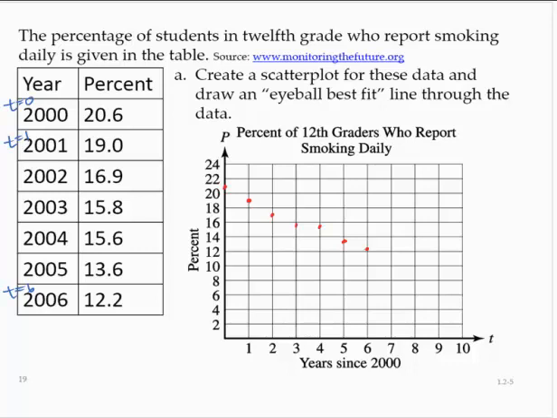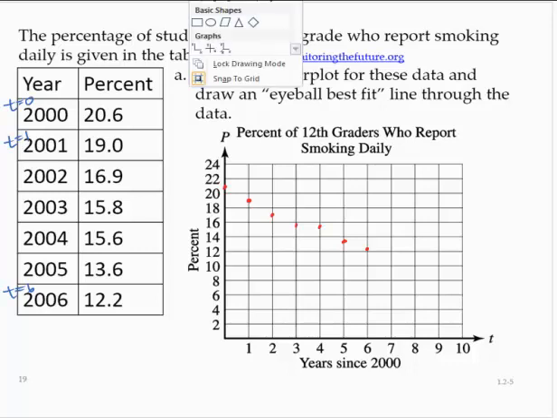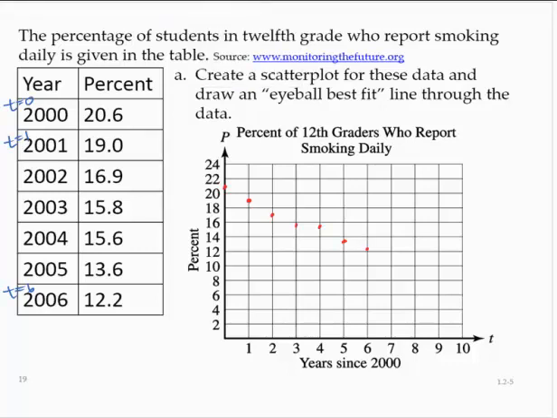So what we will do now is go ahead and, as it asks, we'll draw that eyeball best fit line. So maybe something like that. That seems reasonable to be an eyeball best fit.